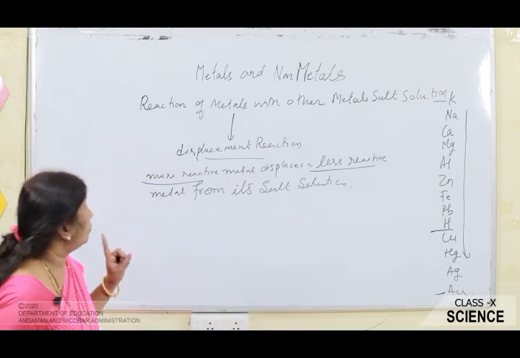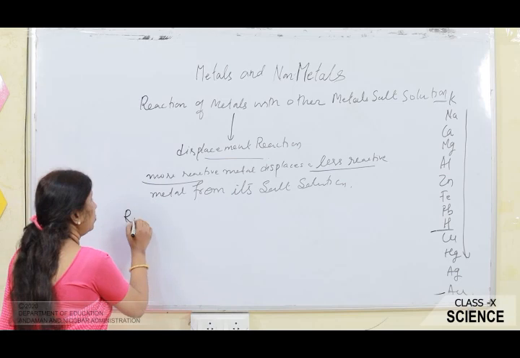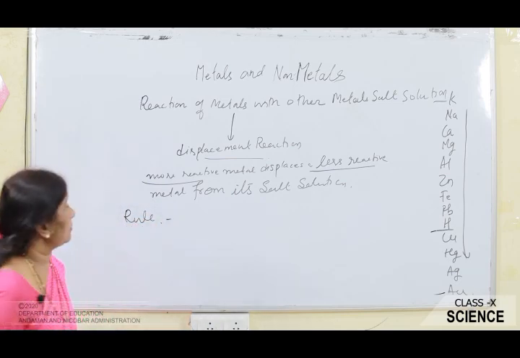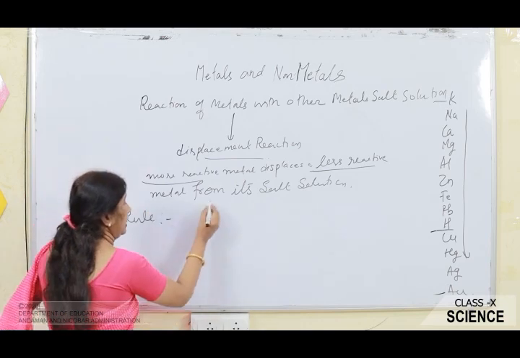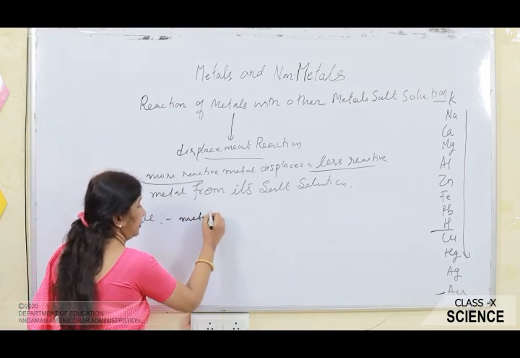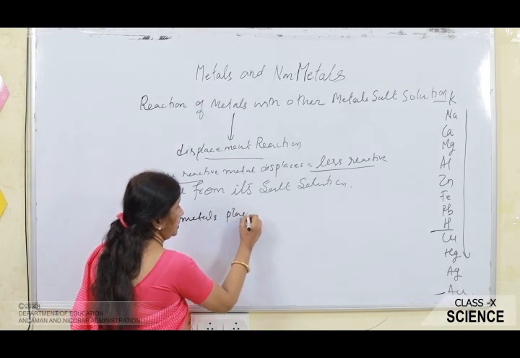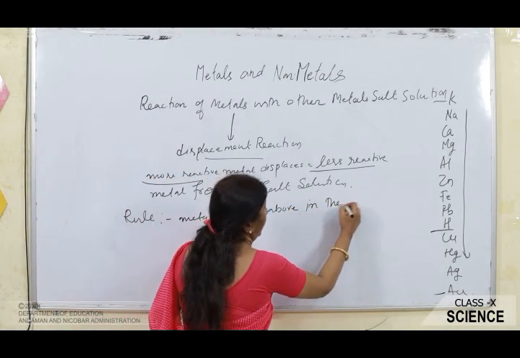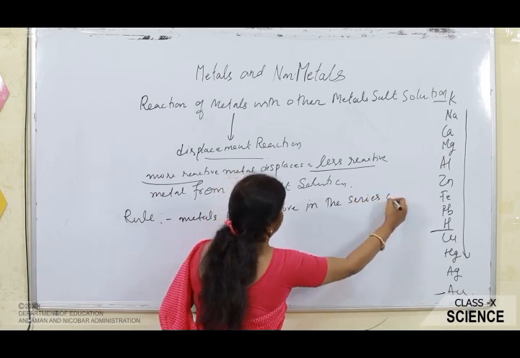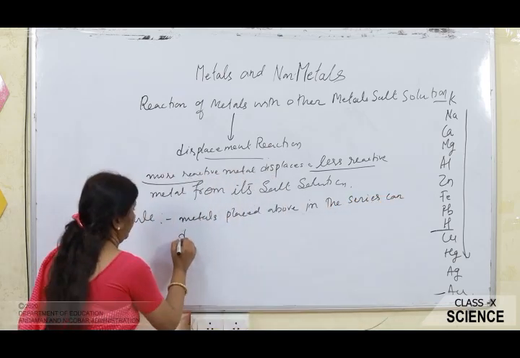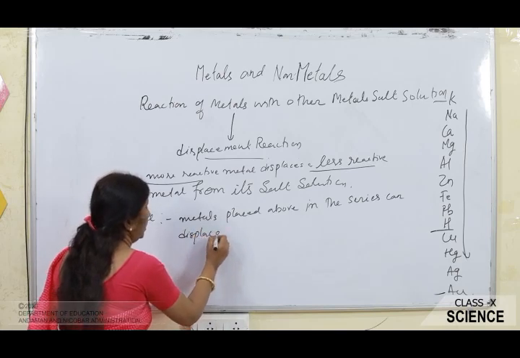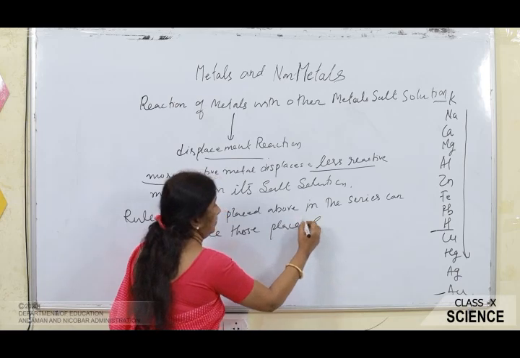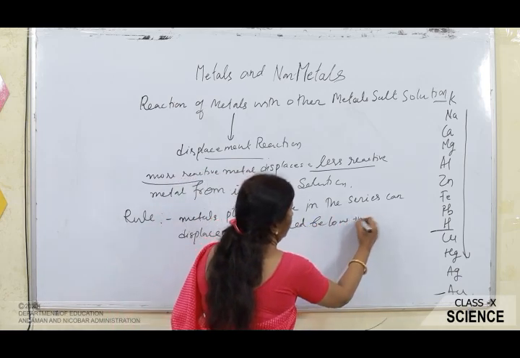Now there is one rule for this displacement reaction, and that rule is: the metals placed above in the series can displace those placed below in the series.